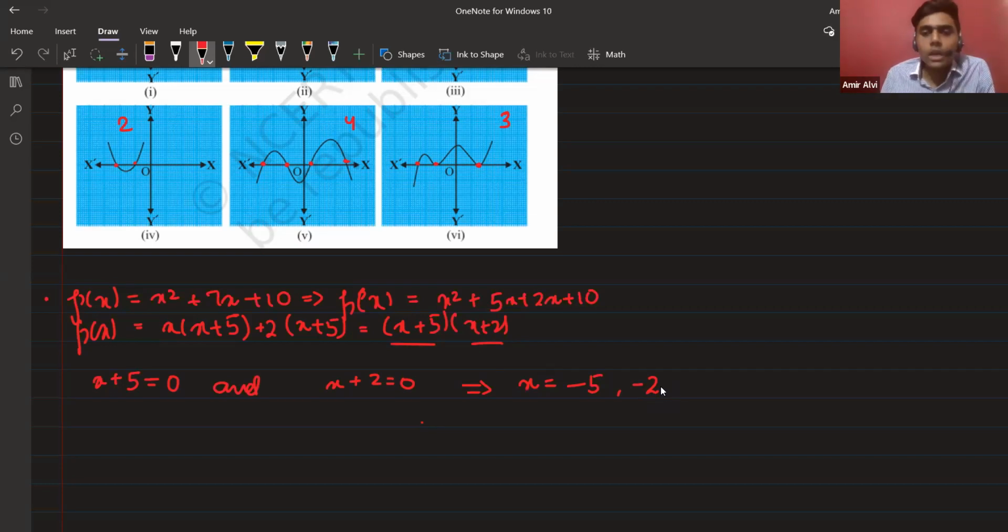Very good. So basically, whenever you have to find the zeros of the polynomial or the factors of the polynomial, you just have to factorize it and equate the factors to 0 to find the zeros of the polynomial. Is that clear, Adil? Okay. I'm giving you one more to solve. Just let me know when you are done. Just a second. Let me take one example.